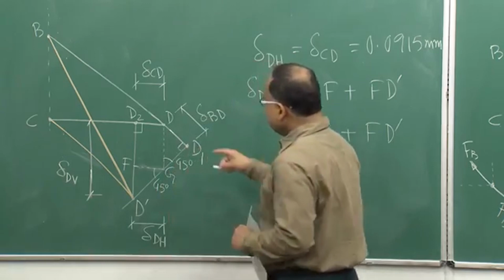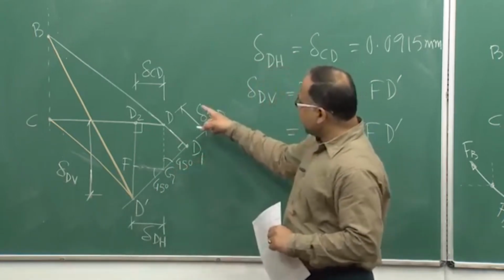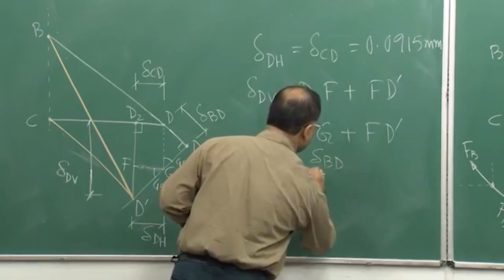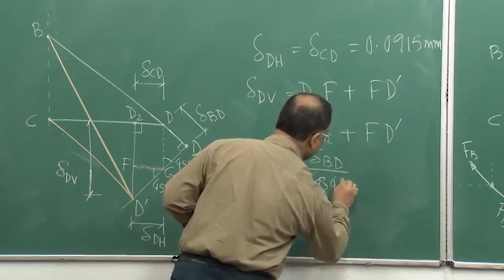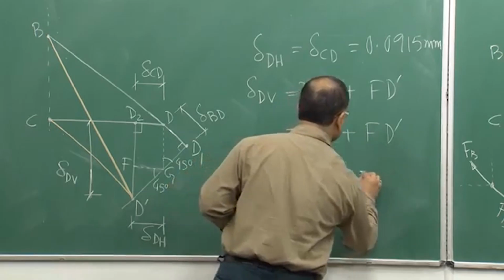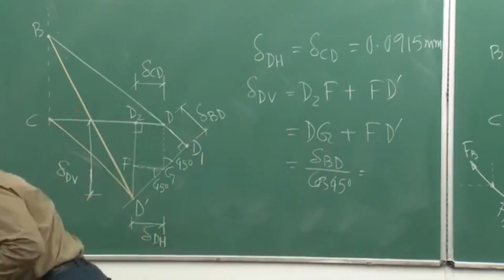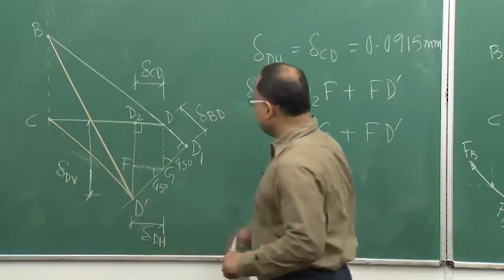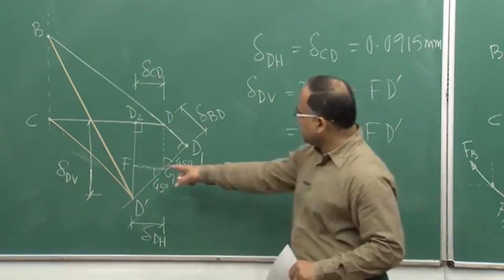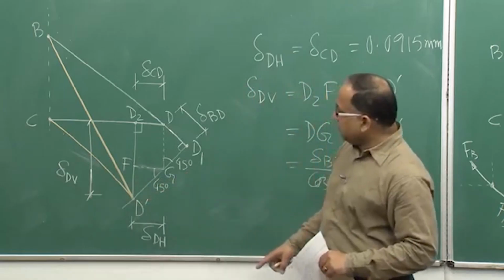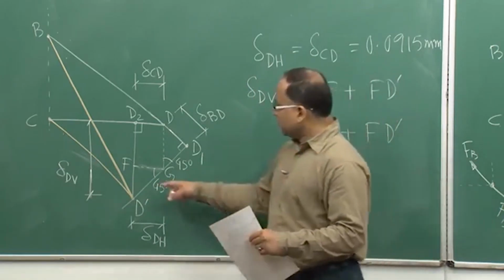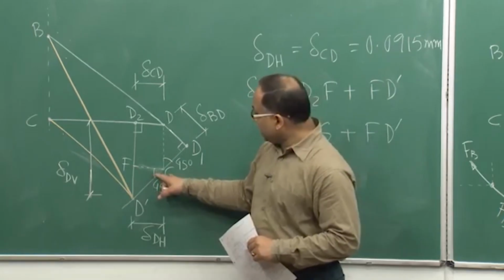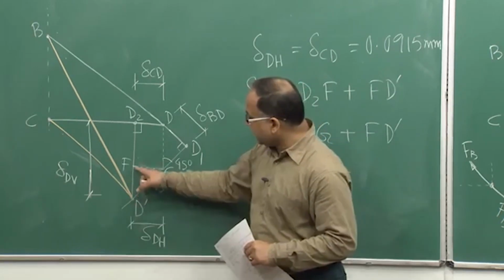Now, this DG can be written in terms of delta BD in this fashion: delta BD by cos 45 degree, plus FD prime. Now, what is FD prime? FD prime is nothing but your FG, because this angle is 45 degree. So, if this angle is 45 degree, FD prime is equal to FG.